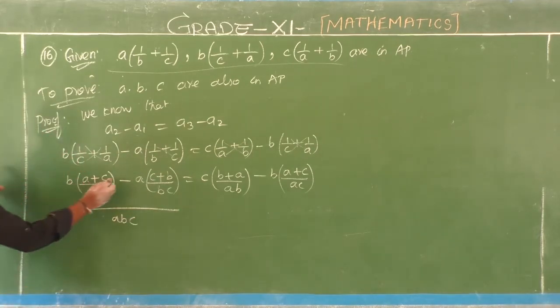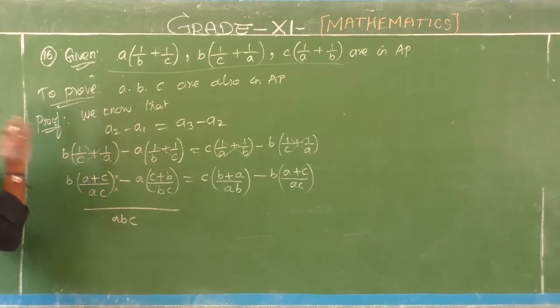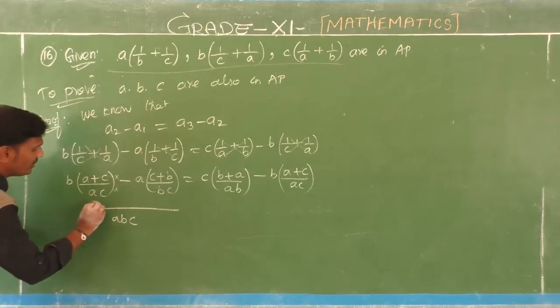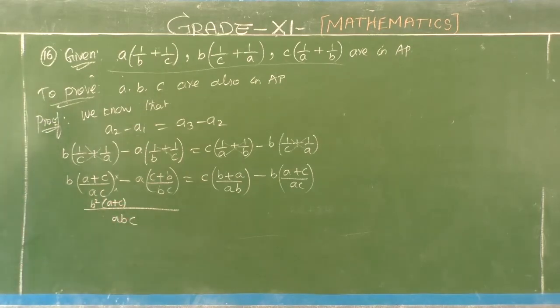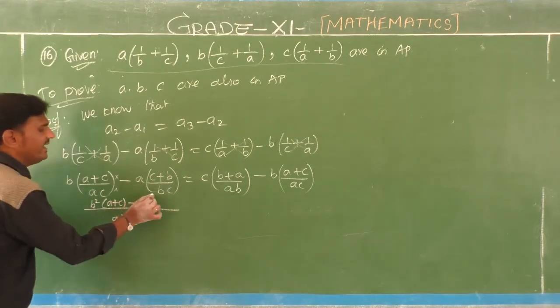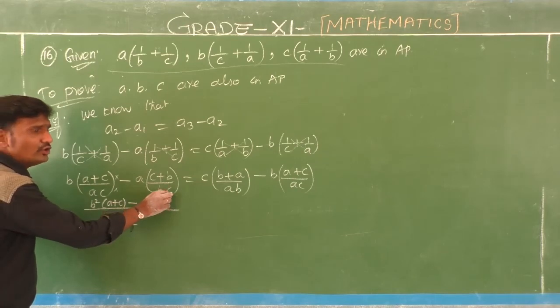For the first fraction, AC is already there, so I am going to multiply B. Already having one B, so B square into A plus C. Is it visible? Minus, here BC is available, so what we are going to multiply?